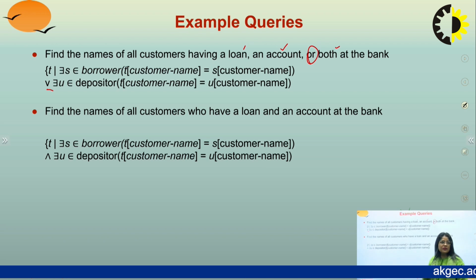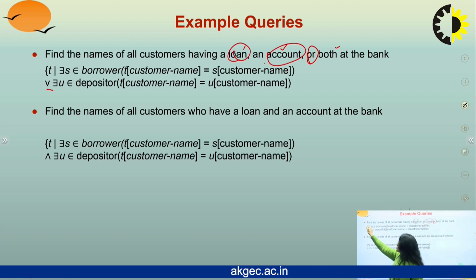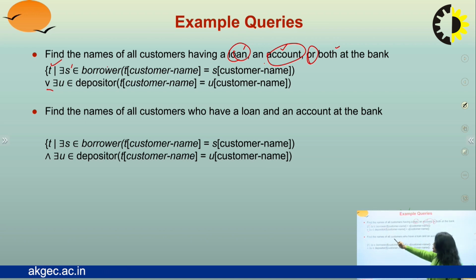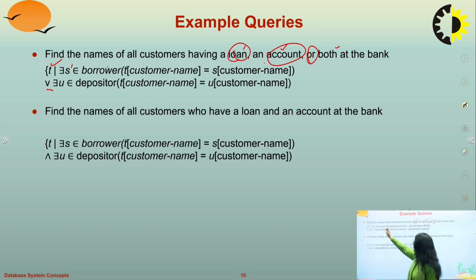Okay, how many tuple variables are required here? For this loan, for this account, right? So there exists a tuple T, the original tuple, and there exists some tuple S in the borrower relationship. How will we establish the relationship between these two? T customer name equal to S customer name, right?